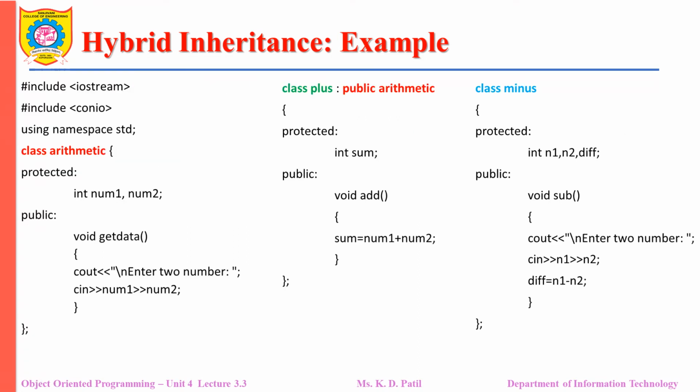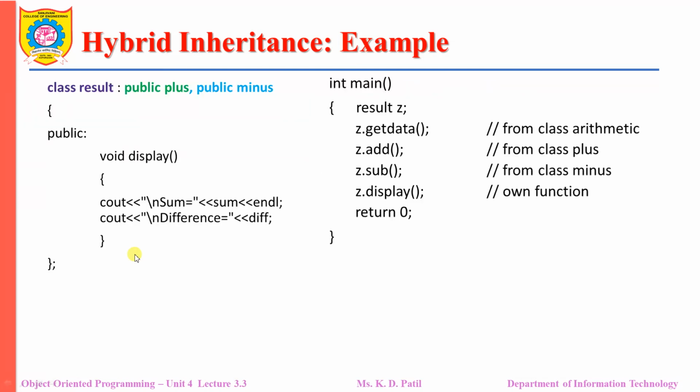If you observe the example over here, this get data function belongs to whom? Class arithmetic. But as the result class is inheriting the plus class and the plus class is inheriting the arithmetic class, ultimately the arithmetic class can be inherited by the result class. So using the object of that result class, the get data function can be called.